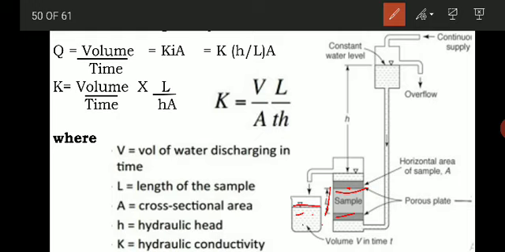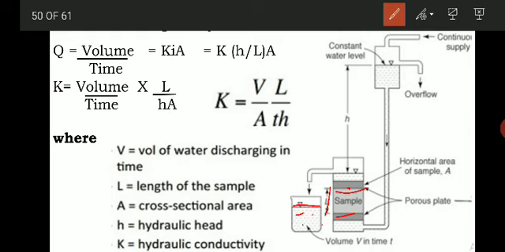What is the meaning of unconsolidated and consolidated? Consolidated will be hard, like a rock, and unconsolidated will be loose sediments like sand, which are loose, they are not compacted, so it is called unconsolidated formation. So under low heads you can determine the hydraulic conductivity.